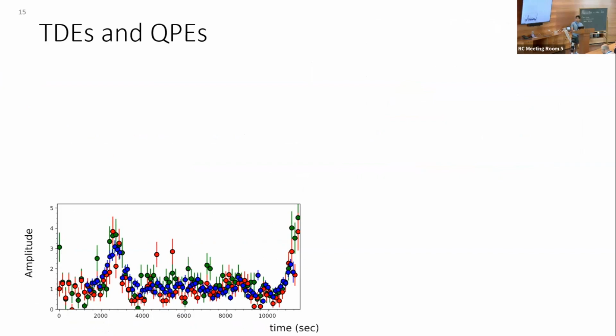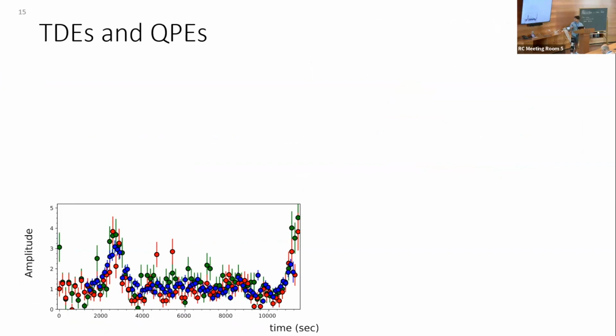The other sources, RX 1301 and the two eROSITA candidates, don't have the requisite long-term X-ray coverage that we need to determine whether their baseline flux has changed significantly over many years. So we can't really say too much about whether there were TDEs in those sources.